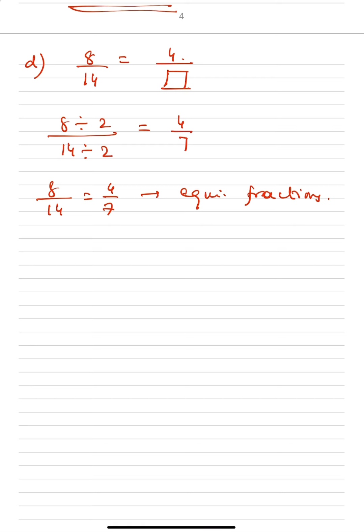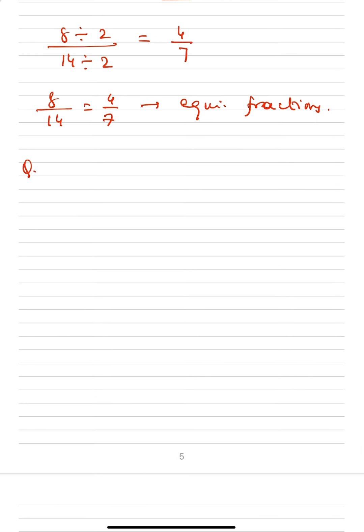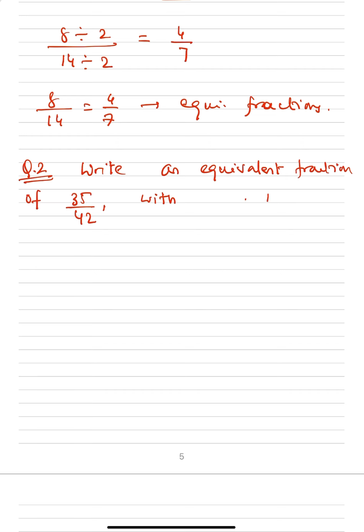Now suppose they tell us, write an equivalent fraction of 35 upon 42 with the denominator 18.